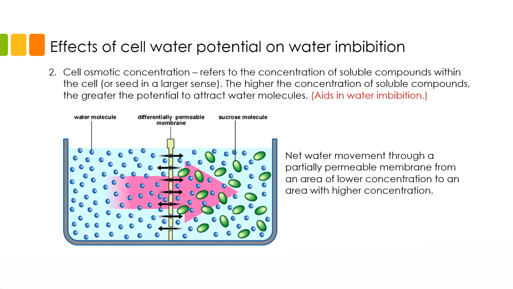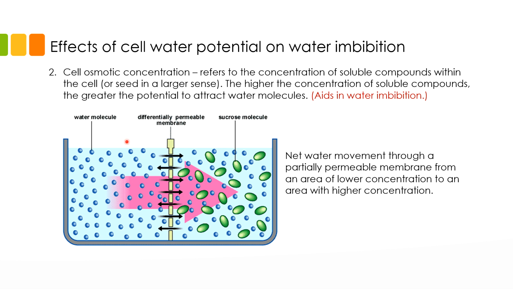Aside from the cell matrix force, we also have the cell osmotic concentration affecting water imbibition. Cell osmotic concentration refers to the concentration of soluble compounds within the cell or seed in a larger sense. The higher the concentration of soluble compounds, the greater the potential to attract water molecules. Recall from your biology class the principle of osmosis.